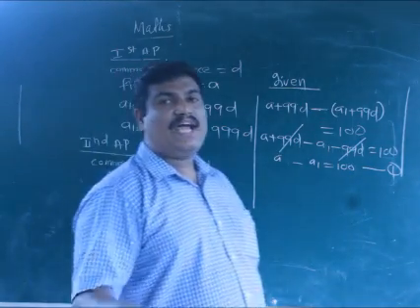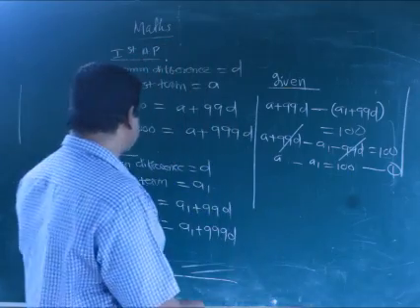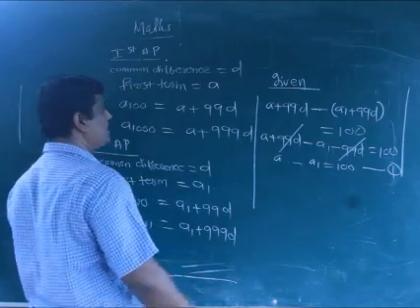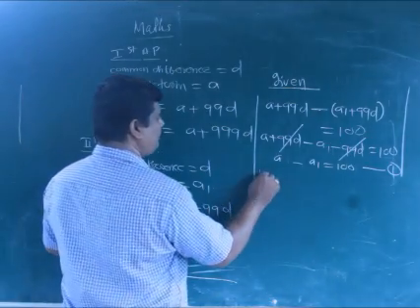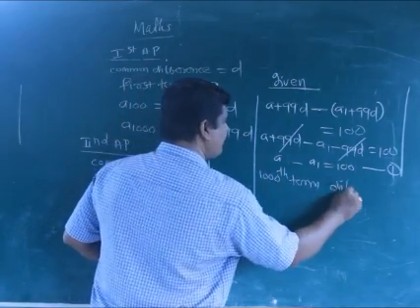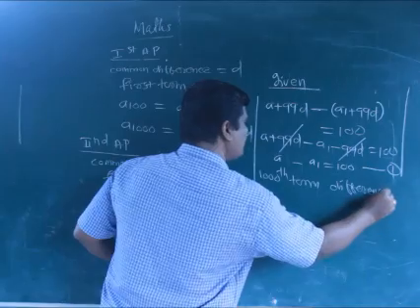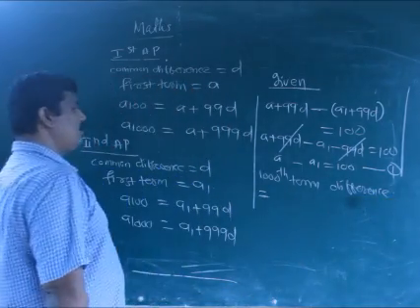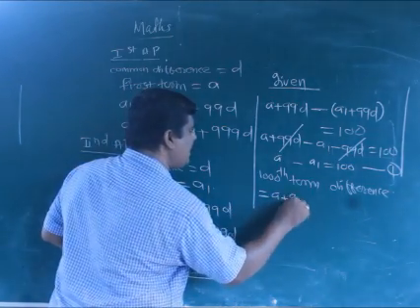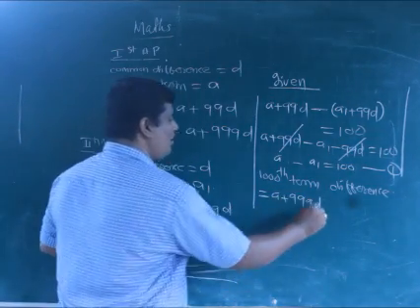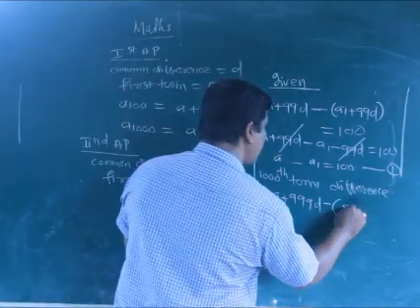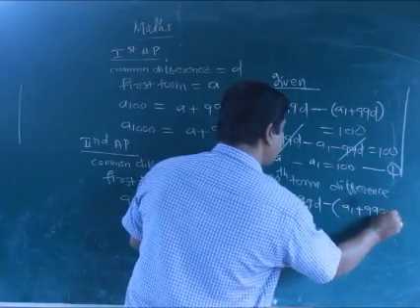Now find out the 1000th term difference. What is the 1000th term of the first AP? The 1000th term difference is equal to the first AP's 1000th term, A plus 999D, minus the second AP's 1000th term, A1 plus 999D.